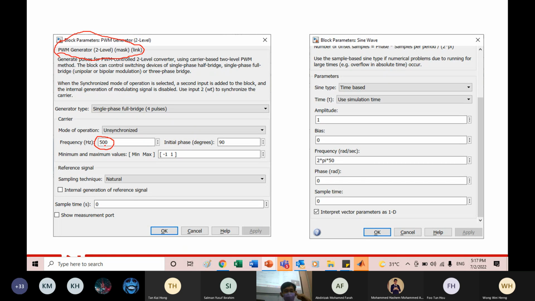We want to remember the carrier signal must be higher than the signal we want to carry. By the Nyquist theorem, it must be at least double the frequency of the original signal you want to carry.